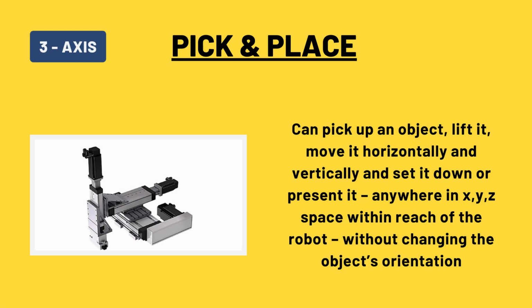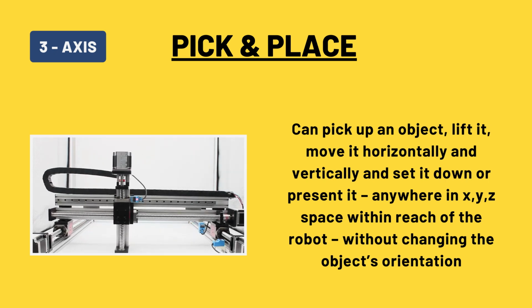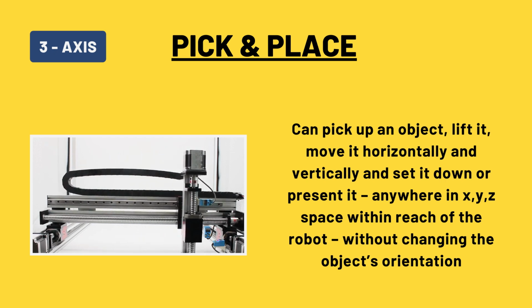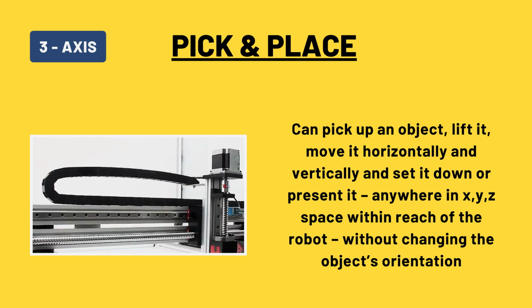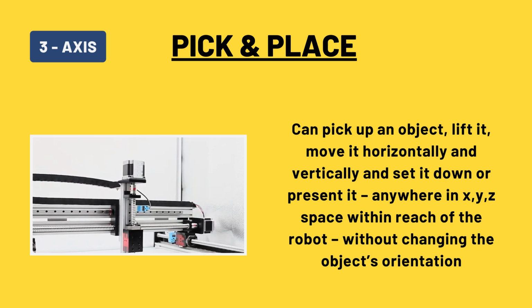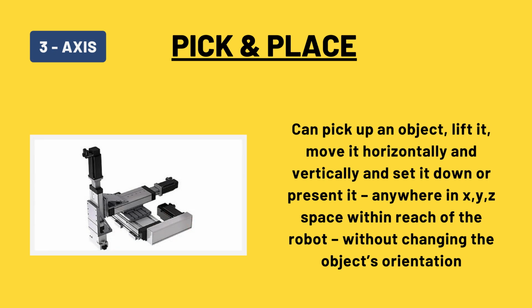The three-axis robot can pick up an object, lift it, move it horizontally and vertically, and set it down or present it anywhere in the X, Y, Z space within reach of the robot, and it also doesn't change the object's orientation.